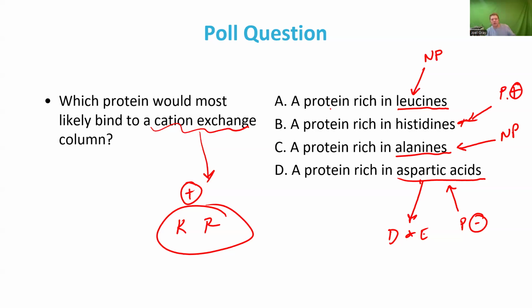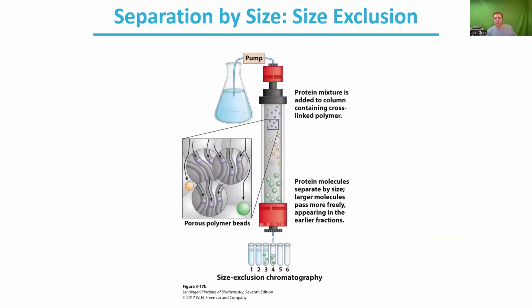Okay, now our next separation technique is known as size exchange chromatography. This is also known as gel filtration chromatography. What this does is it separates based on size of the molecule. When we measure proteins, we always refer to them based on their molecular weight, which is kilodaltons or kDa.